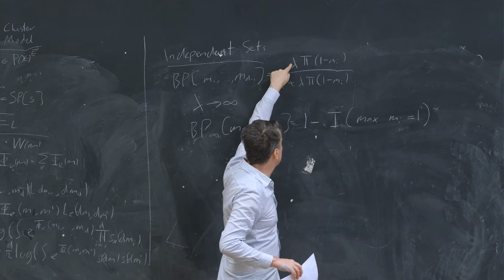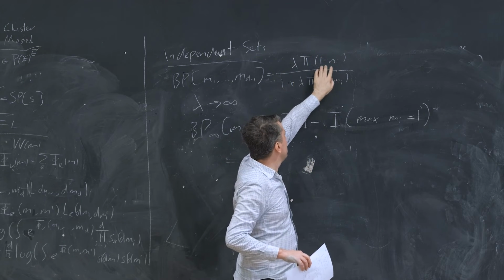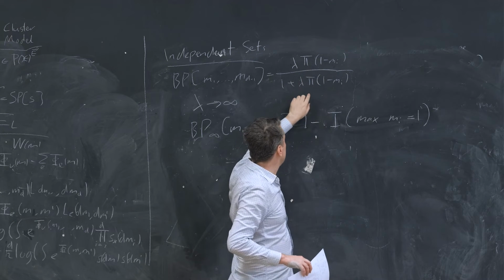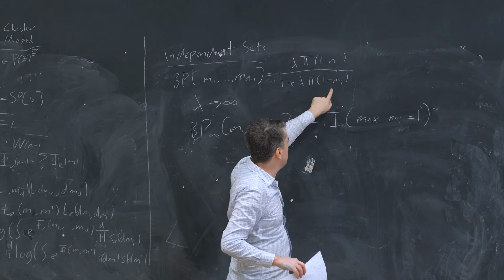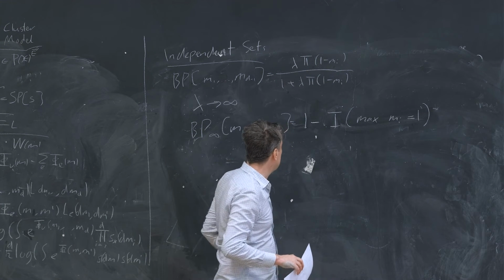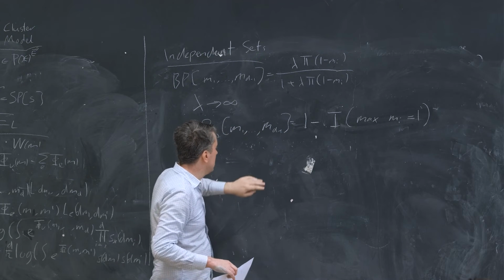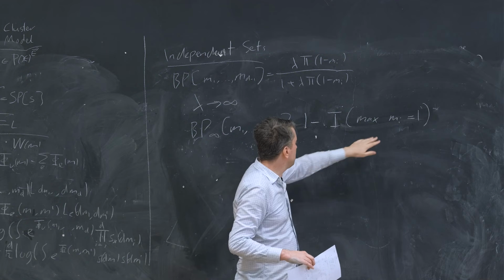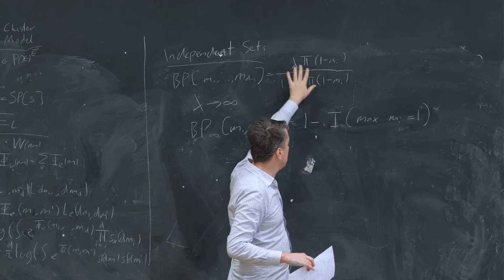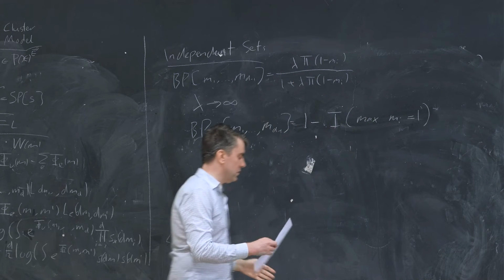Otherwise, if lambda is huge, then lambda times a constant over 1 plus lambda times a constant should be basically 1. So if we plug in some messages, unless one of them is 1, we'll get a 1 here. If one of them is 1, we'll get a 0.